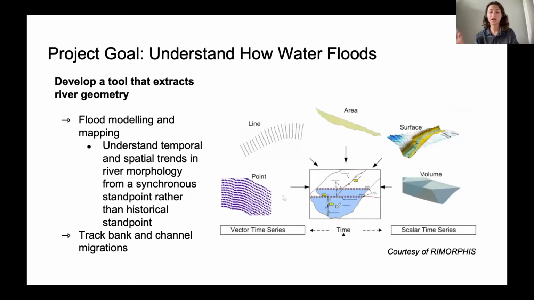This kind of tool can help aid in flood modeling and mapping so we can better understand flood events based on current data-driven observations and not just historical events. And it can also help us better understand river bank and river channel migrations, like how river banks change over time or which channels in the US are moving consistently with time.